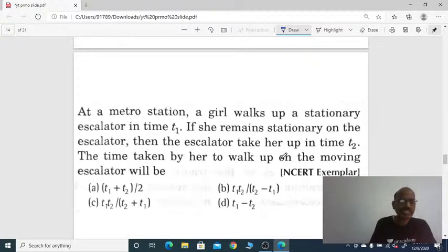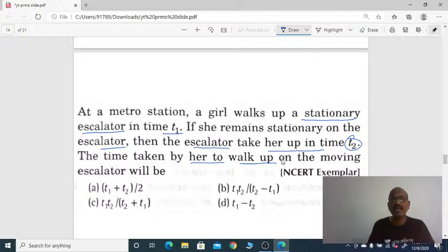At a metro station, a girl walks up a stationary escalator in time t1. If she remains stationary on the escalator, then the escalator takes her up in time t2. The time taken by her to walk up on the moving escalator will be?